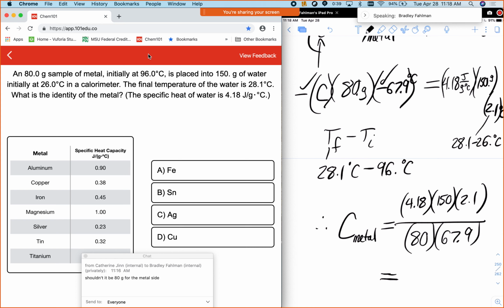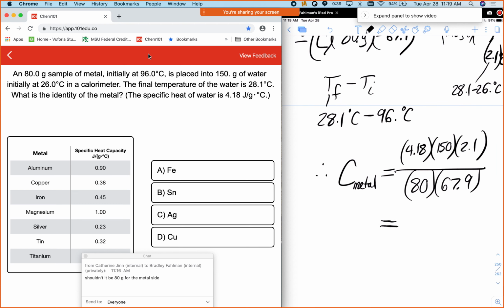These two negatives cancel, so everything is a positive value. If you work that out, you get 0.242 to 3 sig figs, and that would be joules per gram degree C.